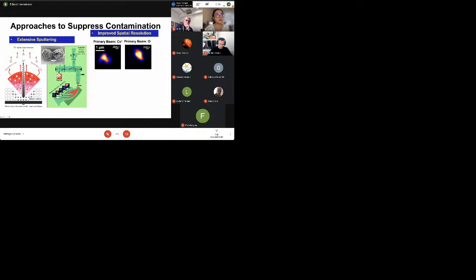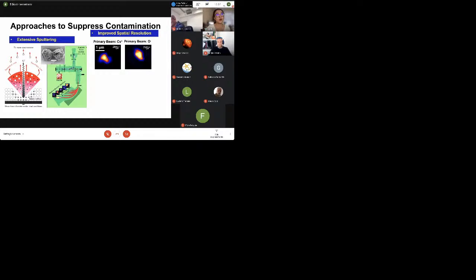Also, because different elements have different electron affinities, we need to use 2 ion sources to produce both negative and positive ions. In the past, the oxygen ion beam was much larger than the cesium beam, and this resulted in much worse spatial resolution when measuring isotopes like magnesium and aluminum isotopes.